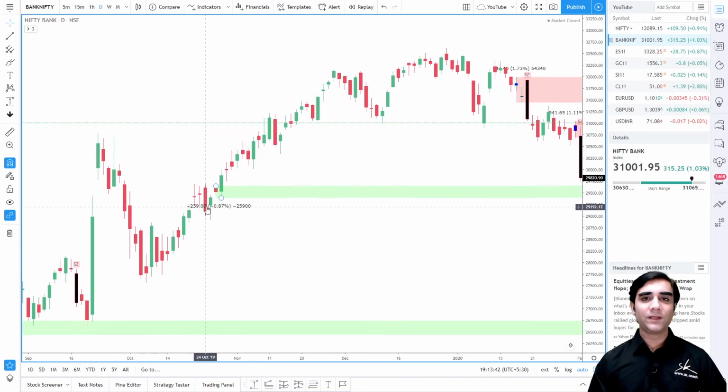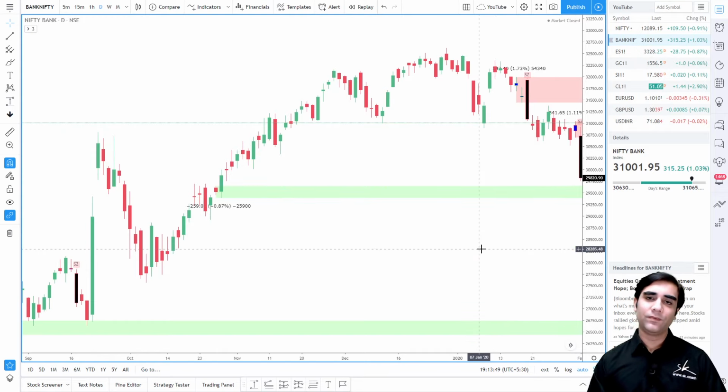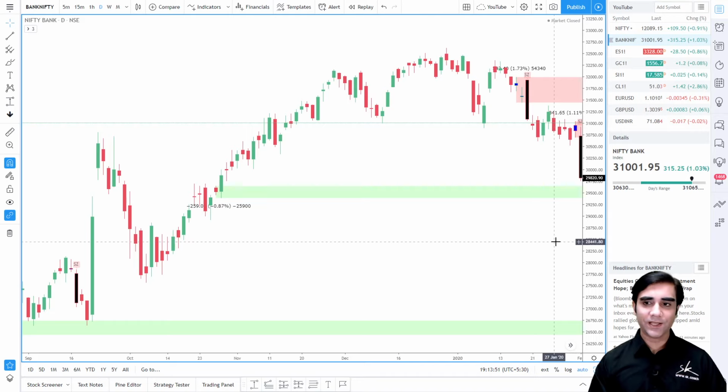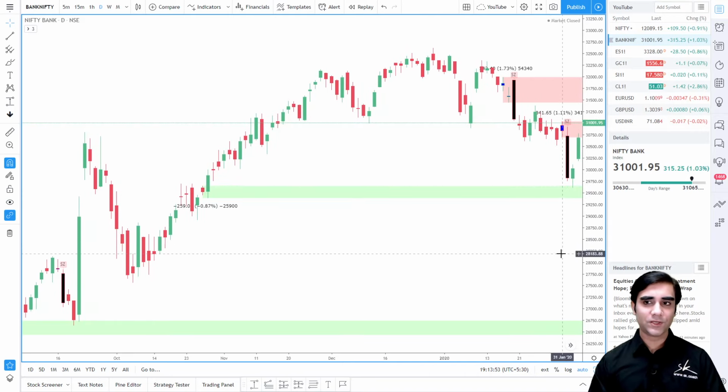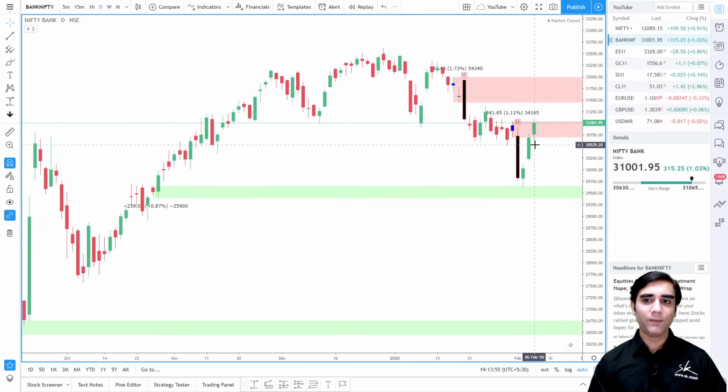For Bank Nifty, we marked this as our demand area and this as our supply zone. On Saturday, because of the budget, prices just crashed like anything and came into that demand. Can you see, it just touched that demand, and yesterday you could have got your target. If you look at your reward to risk ratio, you probably have more than 2:1, maybe 3:1.